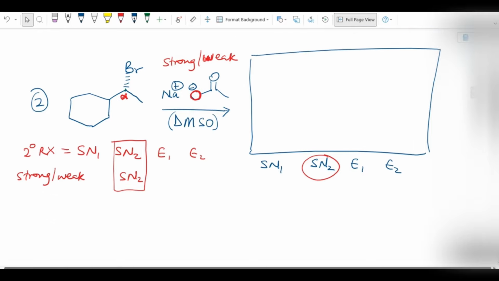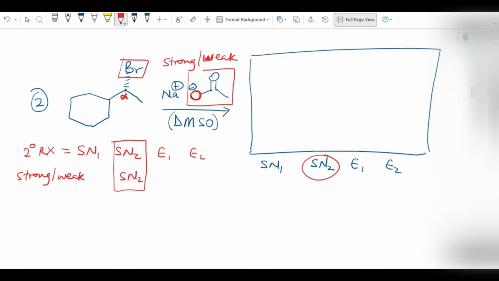So to draw the product of an SN2 reaction, you just need to replace or substitute the leaving group with the nucleophile. So to draw our product, we'll have this. And because it's an SN2 mechanism, there is always inversion of configuration.